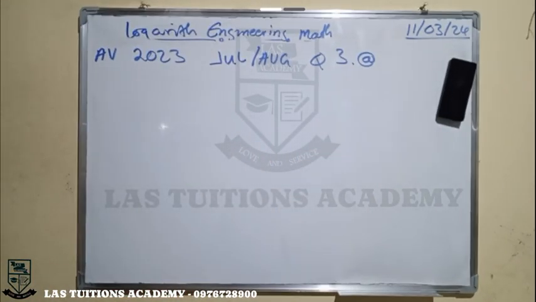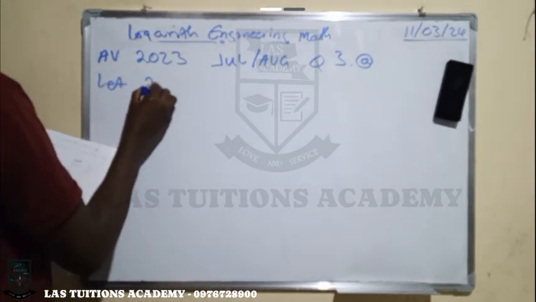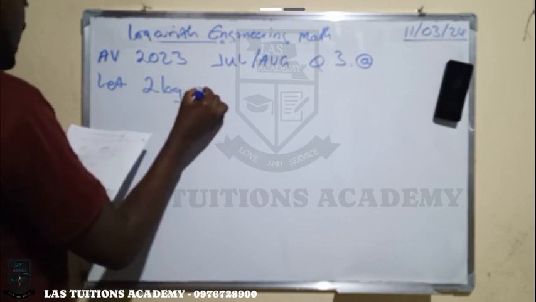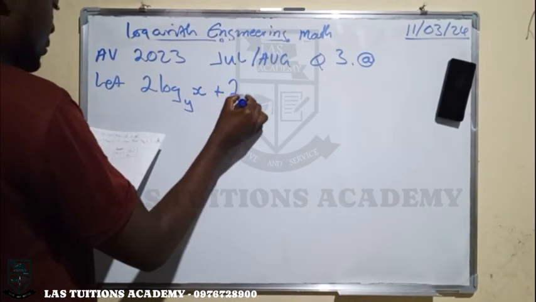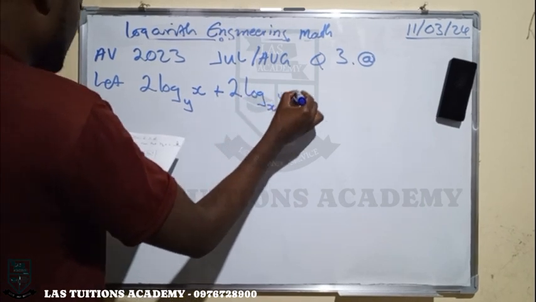So the question says, let 2 log x plus 2 log y be equal to 5.